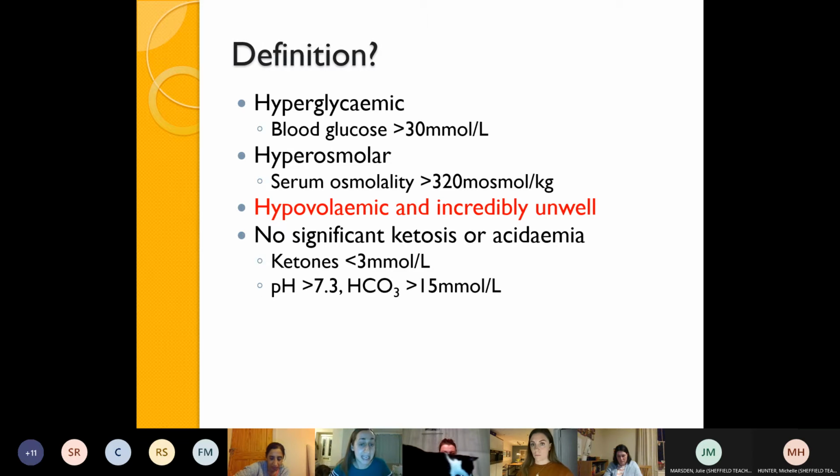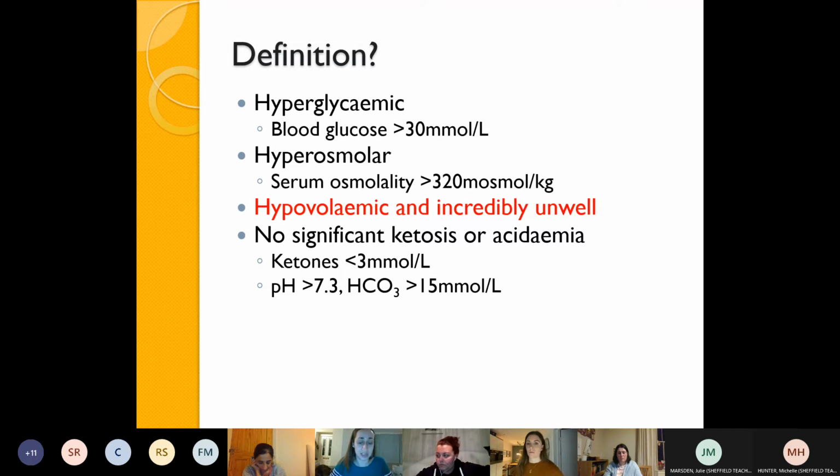They may have CKD, so they have a high urea, and depending on where their serum sodium is, they may technically fulfill this criteria. So they may be hyperglycemic and hyperosmolar, but they're well. We get these patients in clinic that technically are hyperosmolar, but they do not have HHS because they're well.